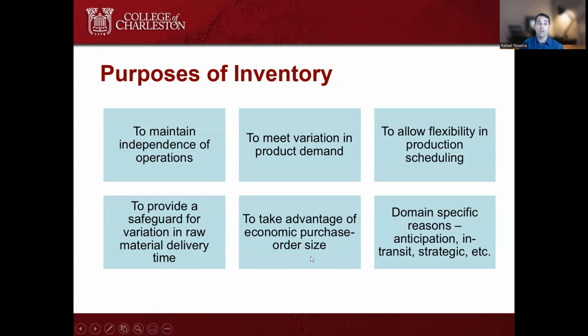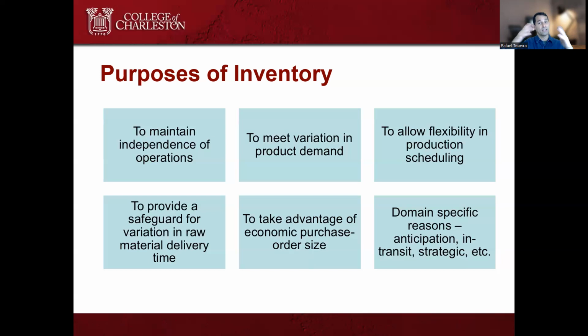To take advantage of economic purchase order size, sometimes suppliers give discounts if companies purchase many units instead of few units. So if the order is bigger, then the suppliers sometimes give discounts, and that's taking advantage of the economic purchase, depending on the size of the order.